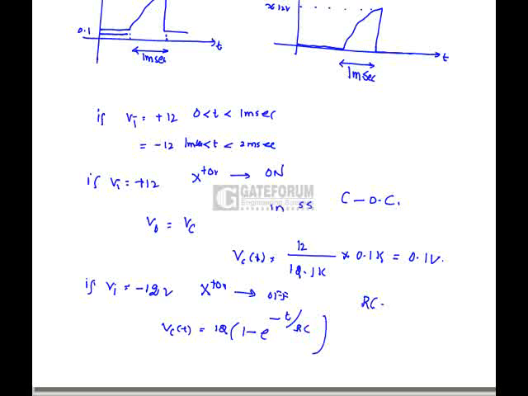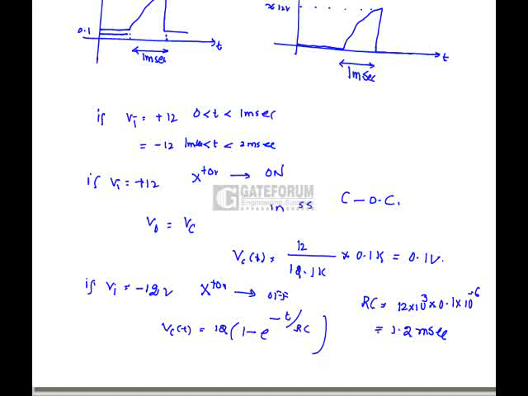Here Rc is the time constant, that is 12 into 10 power 3 into 0.1 into 10 power minus 6, which is 1.2 milliseconds here. But the duration of the input waveform, which has minus 12 volts, is only 1 millisecond, but the time constant is 1.2 milliseconds, means it needs more time to charge towards the minus 12.